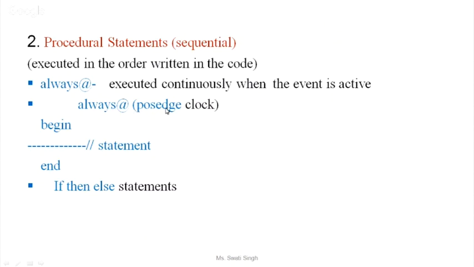Always @ posedge clock means when your clock goes to positive edge, it will begin, and the statements which you write after begin will be executed, then the end of this begin. If and else statements also come under sequential statements.